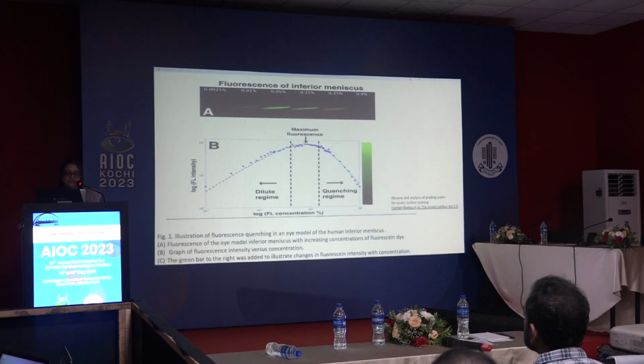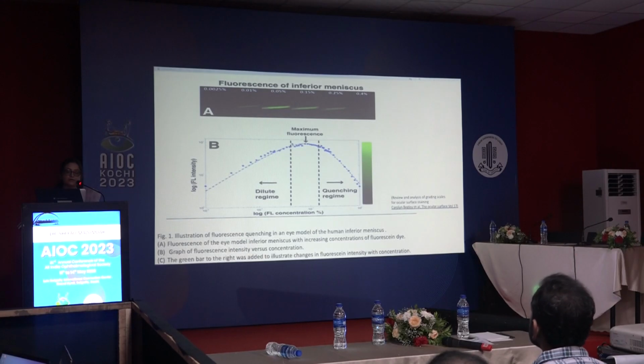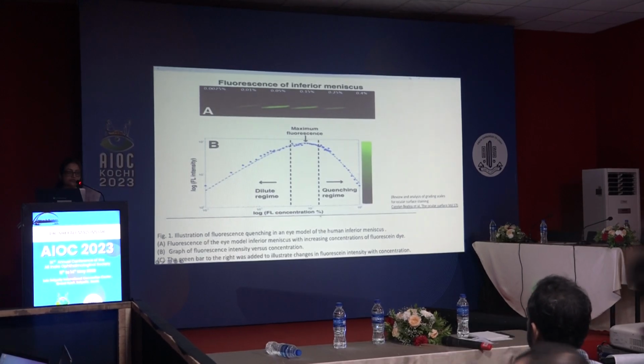Now this slide has two figures. Figure A, the upper one, shows fluorescence of the inferior meniscus with increasing concentration of dye. In the lower figure you see a graph. Here on the y-axis there is intensity of fluorescence, against concentration of dye.